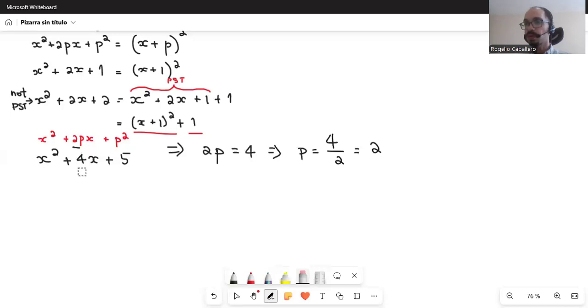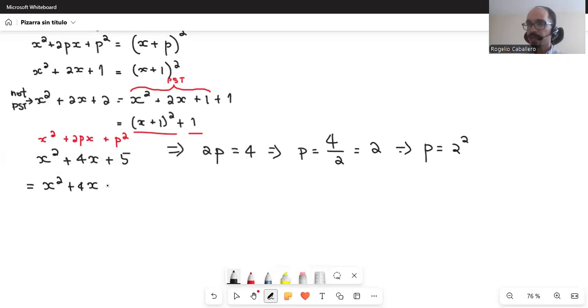So what we're going to do now is write that this trinomial is equal to x squared plus 4x, and I'm going to add something here. I'm going to add p squared, which in this case is simply 2 squared.